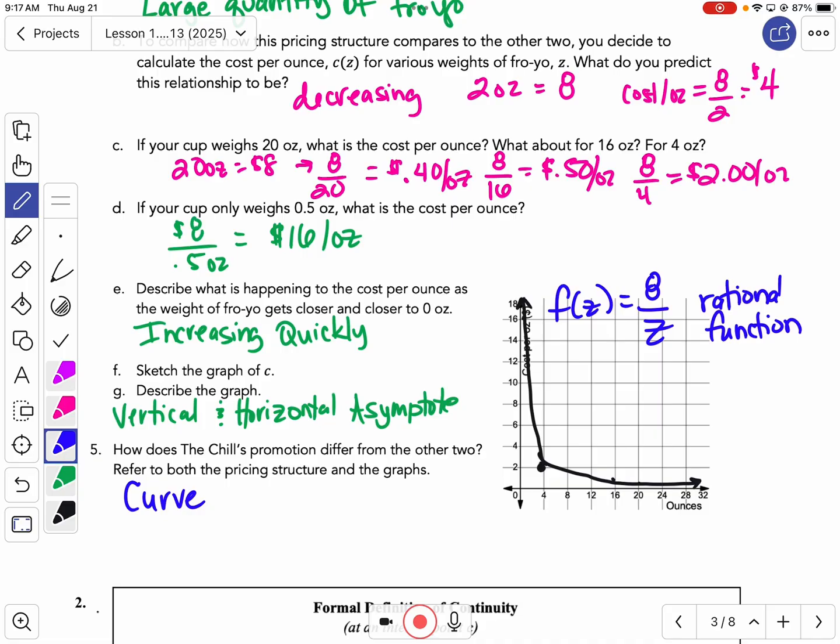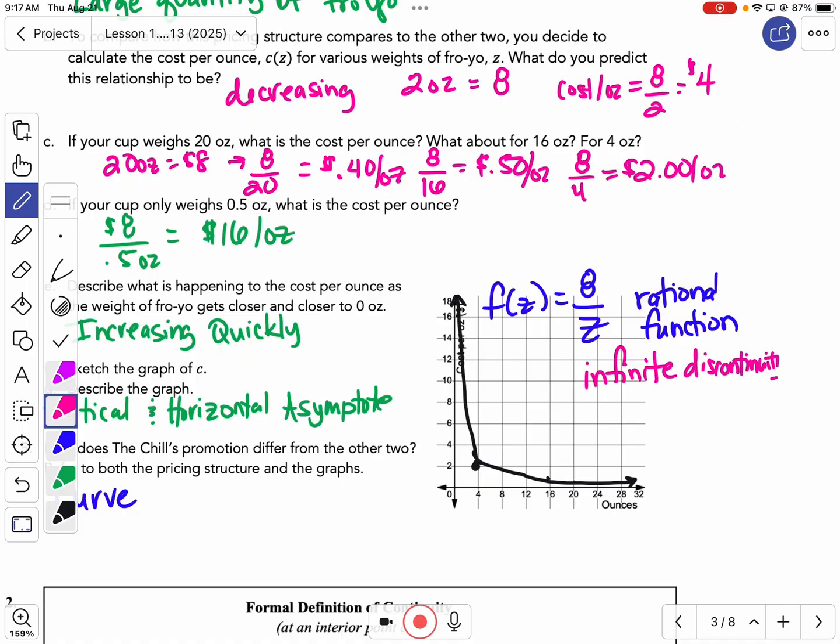All right? This is referred to as an infinite discontinuity. We're never going to approach or equal 0. Okay, it's an infinite discontinuity because we get that asymptotic behavior.